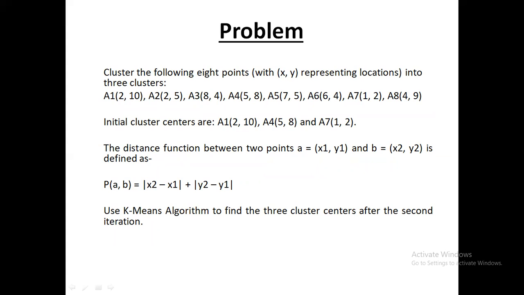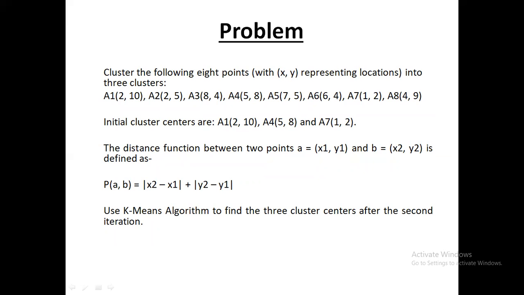We are also given the initial cluster centers: A1, A4, A7. Remember that the initial cluster centers are from the data points only. So we select the data points A1, A4 and A7 as the initial cluster centers.